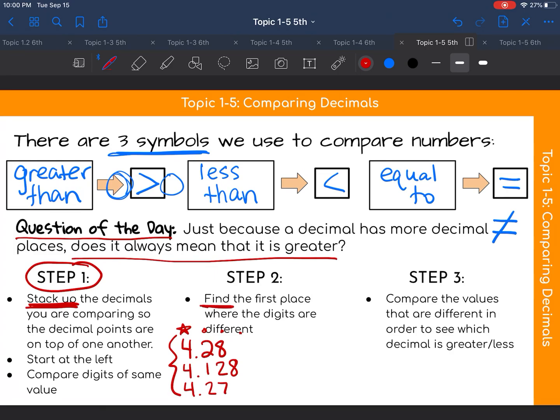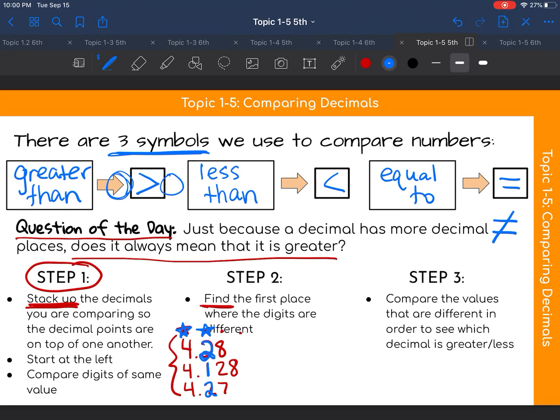And then step 2 says find the first place where the digits are different. So we have the 4, they're all the same. The tenths place, the first decimal place value, we have a 2, a 1, and a 2. So this is the first place value where they're different. This is 1/10 and this is 2/10.